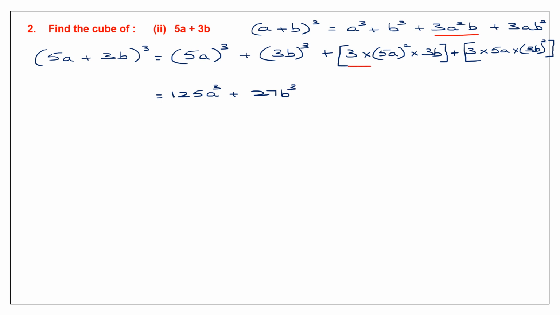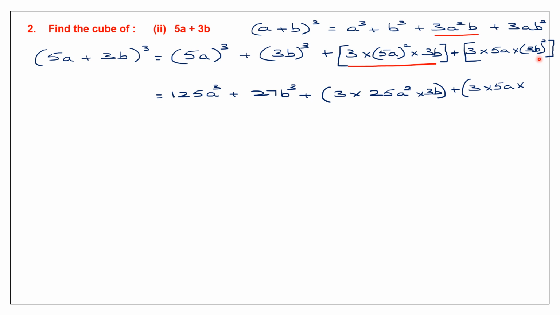Now we are going to work this out. So we'll still keep the brackets, plus in brackets 3 into, here we have 5a the whole square. That means 5 into 5, a into a. 5 5s are 25, a into a is a square into 3b. Plus, now here we have 3 into 5a into, now here we have 3b square.